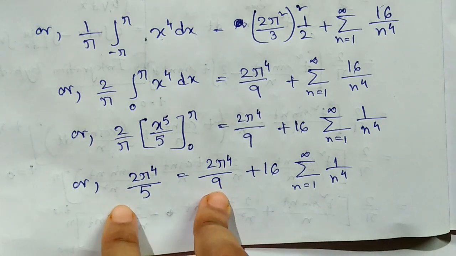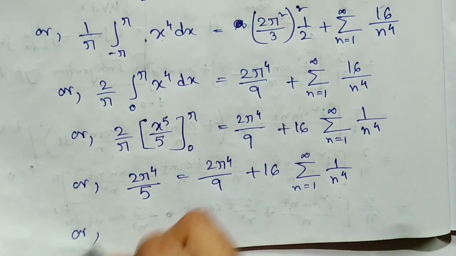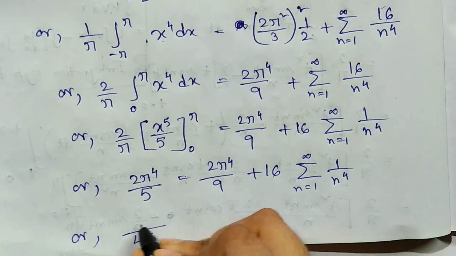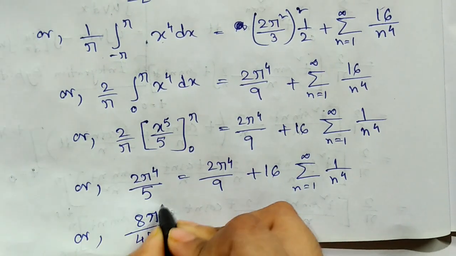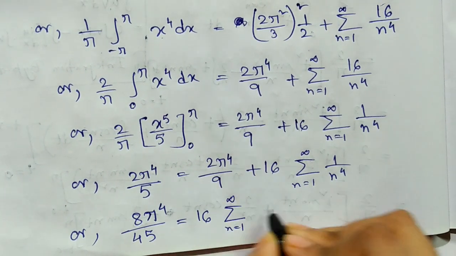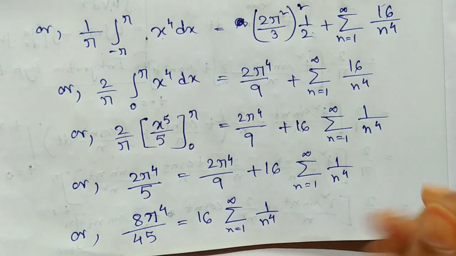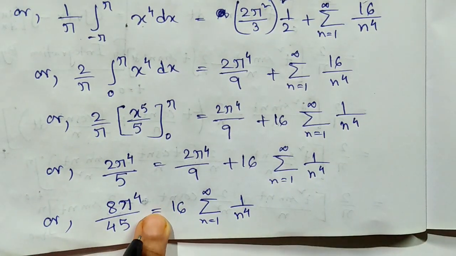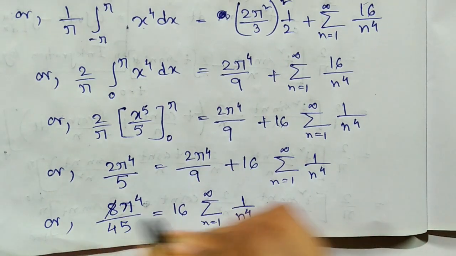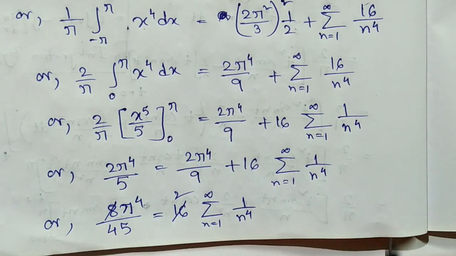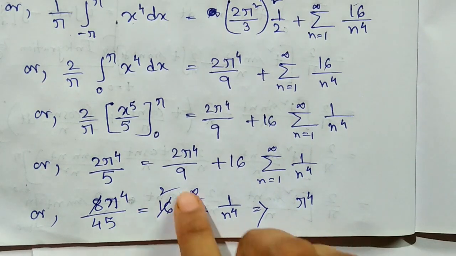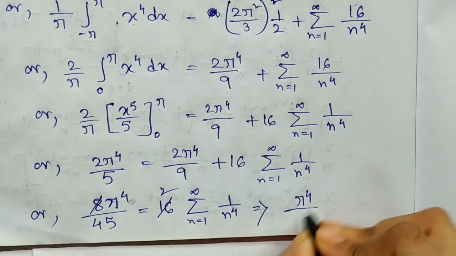Just simplifying these two, then we get 45, 18 minus 10, that is 8 pi to the power 4 equal to 16 summation n equal to 1 to infinity 1 by n to the power 4. So now we get, this implies pi to the power 4 by 45 into 2, that is 90.